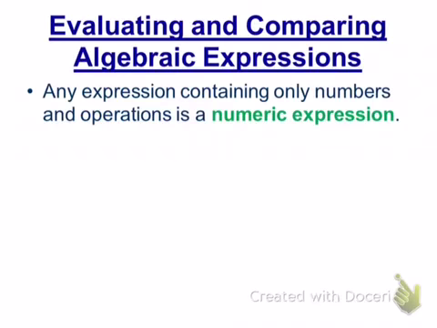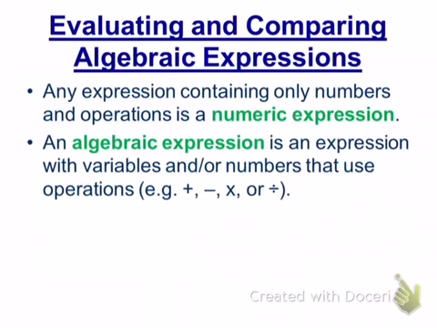But if we involve numbers and variables, then it becomes an algebraic expression. It's an expression with variables and/or numbers that use operations such as addition, subtraction, multiplication, or division. So an algebraic expression is where we throw variables into the mix.